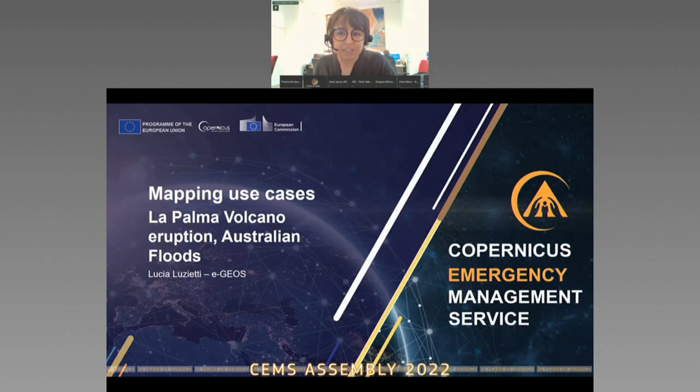I'm the technical coordinator of the rapid mapping team and part of the on-duty operator team that receives new requests from the European Response Coordination Center, collects the requirements directly from the authorized user or the end user when available, and defines in a few hours the rapid mapping production plan in order to satisfy the user needs.